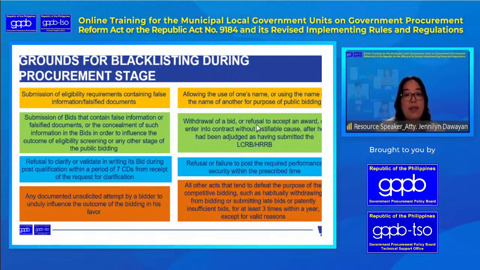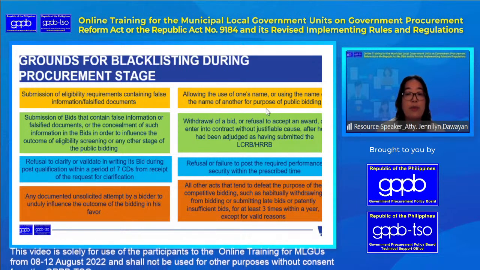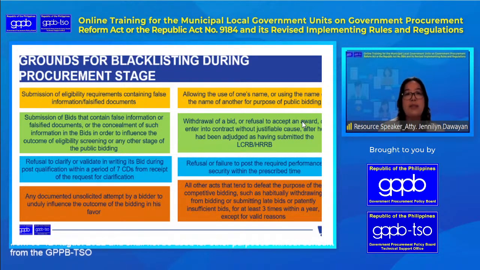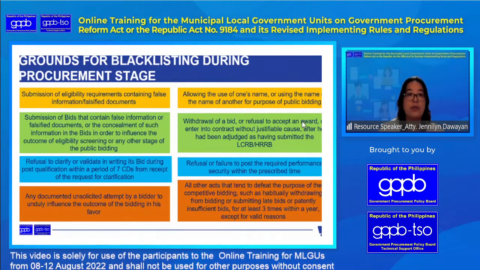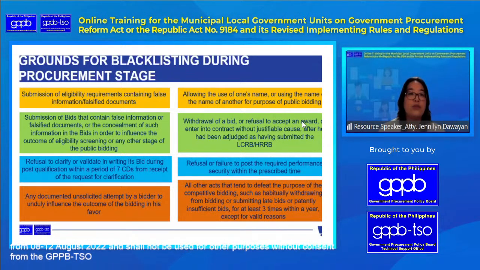mag-falsify. The other one, the second one, is the use of one's name, or using the name of another for purposes of bidding. So ako, for example, it's very rampant talaga, no, in infrastructure projects ang mga to, whether they admit it or not, no. Kaya lang sabi ko, medyo we have to prove that there is indeed the use of one's name, no, and you need a lot of documents to prove it or other circumstances that would prove this.